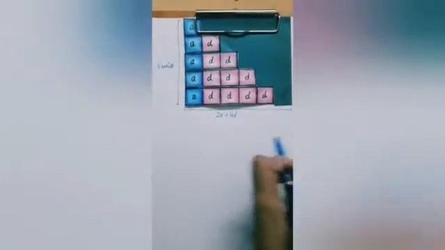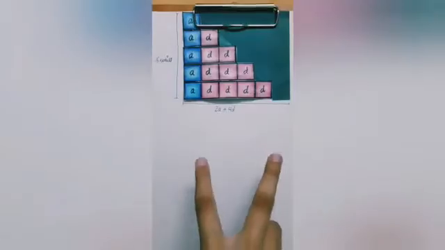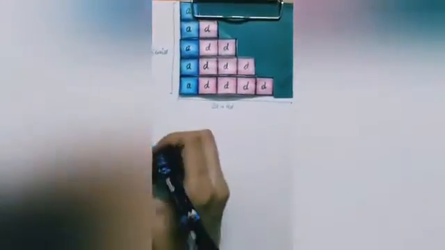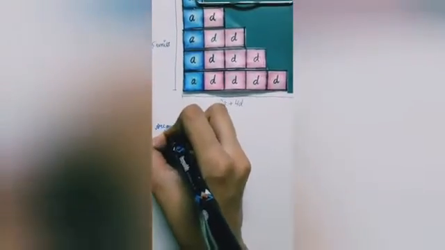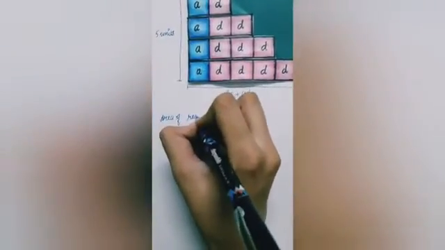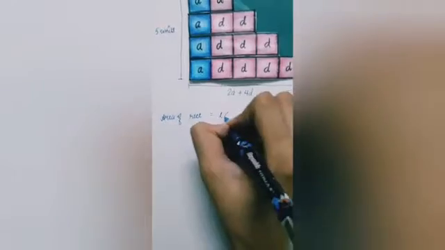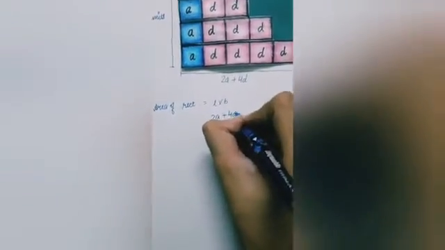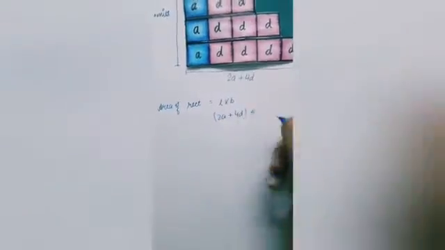Okay, now let's continue. I have written the dimensions of this rectangle: the length is 2A plus 4D and the breadth is 5 units. We know that the formula for the area of a rectangle is length into breadth. Just put those values, 2A plus 4D into 5.